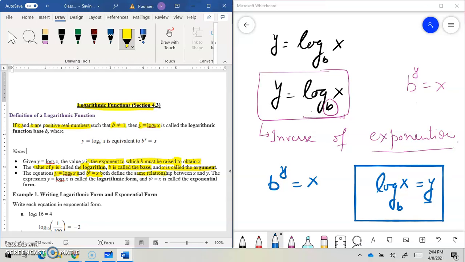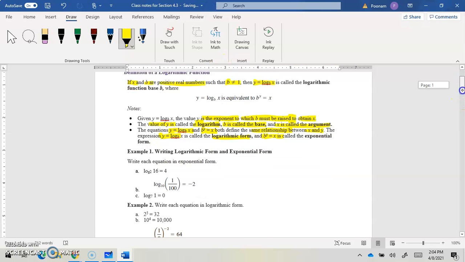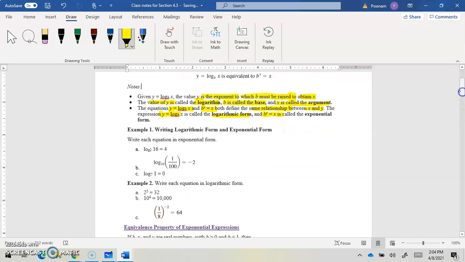They both define the same relationship between x and y. It's just two different forms of the same expression. The first is called logarithmic form, and b raised to power y equals x is called exponential form of the equation.